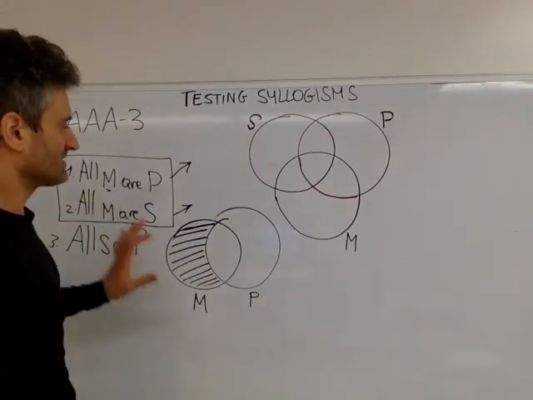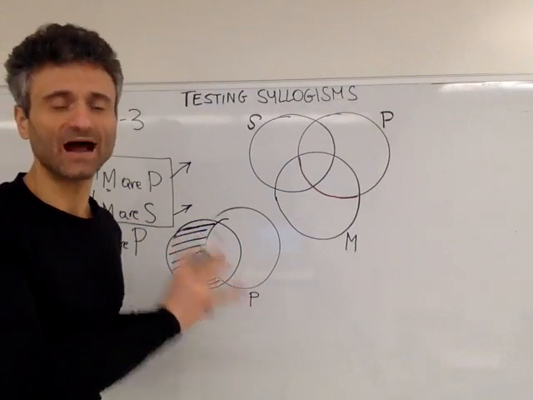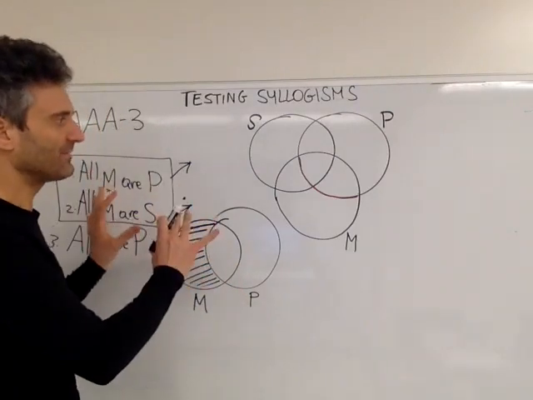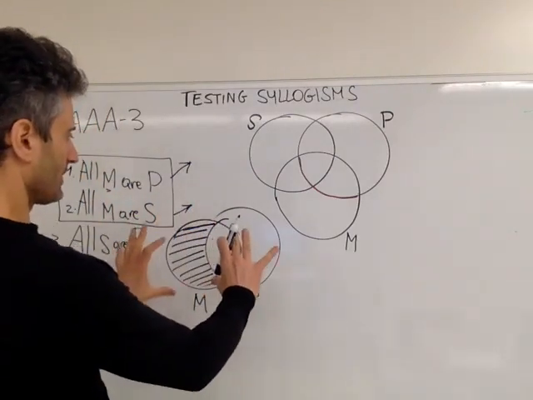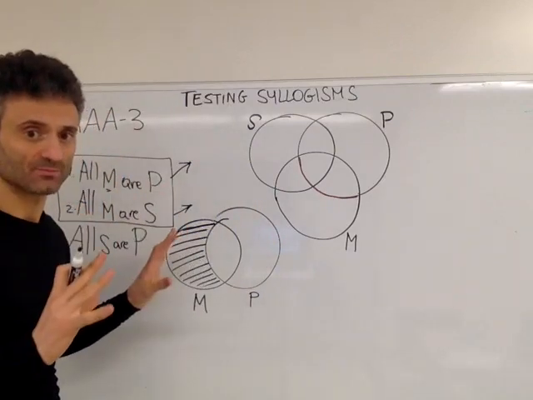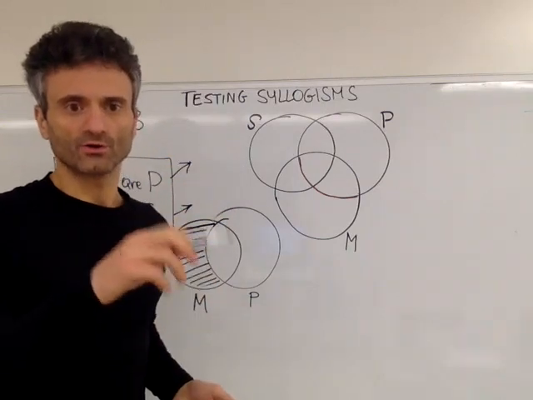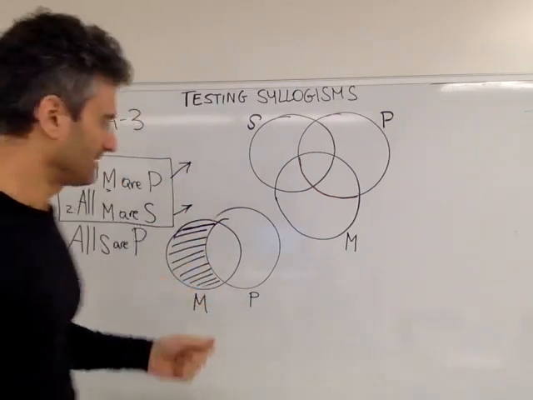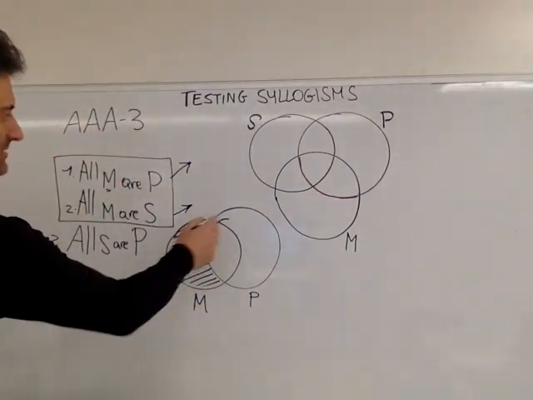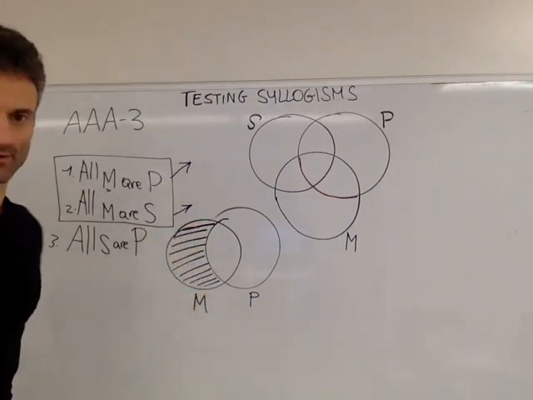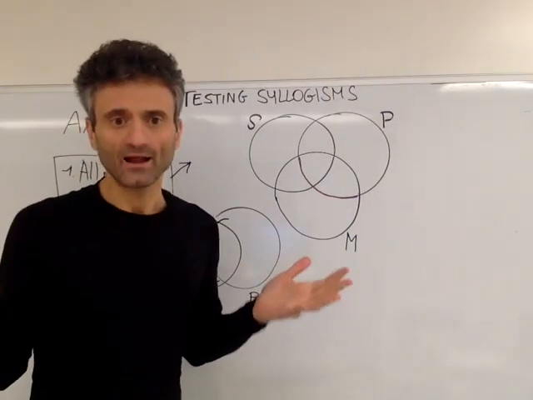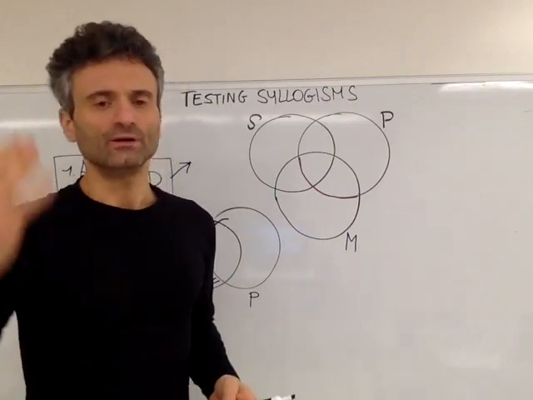Okay, so essentially, when I say that we have to diagram the premise, I mean that first you have to visualize the premise. If that helps you, draw on your notebook the first premise, M and P, and then you shade area 1. So if that helps you, I don't need to do it.